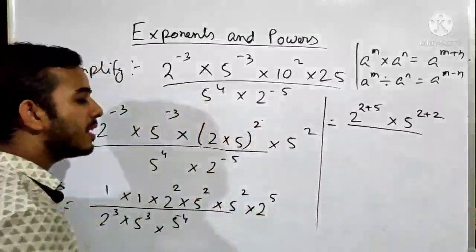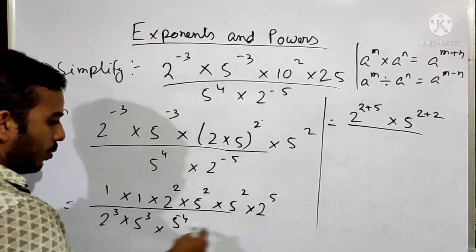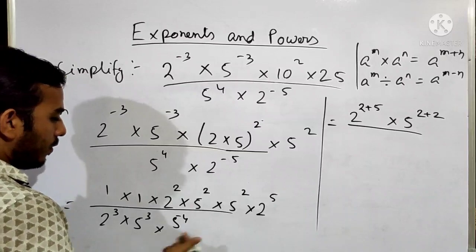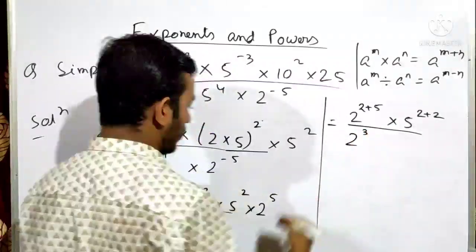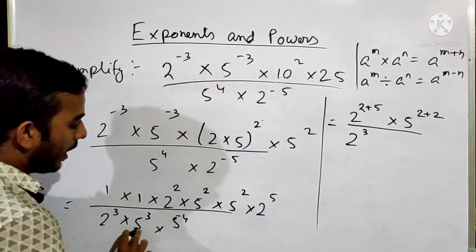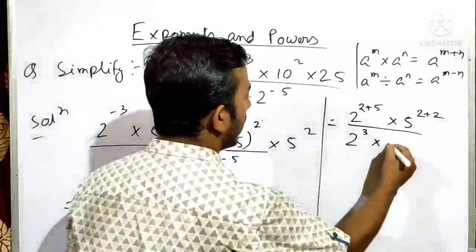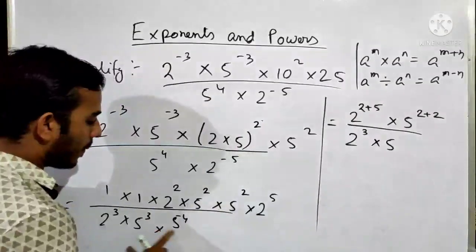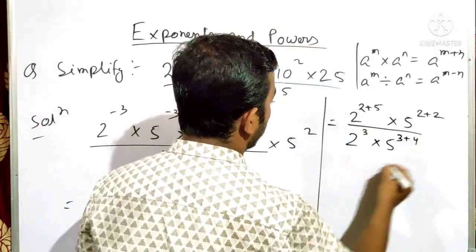In the denominator we have 2, here we have no more exponential form having 2, so we'll keep it like this, 2 power 3, same. Next, again a power m into a power n, it will be a power m plus n, so it will be 3 plus 4.